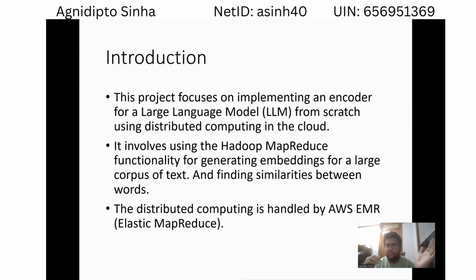We are using the Hadoop MapReduce functionality for generating embeddings of tokens of a large corpus of text. And we'll later use the MapReduce functionality to also find similarities between words. The distributed computing is primarily being handled by AWS Elastic MapReduce, which is the AWS EMR.